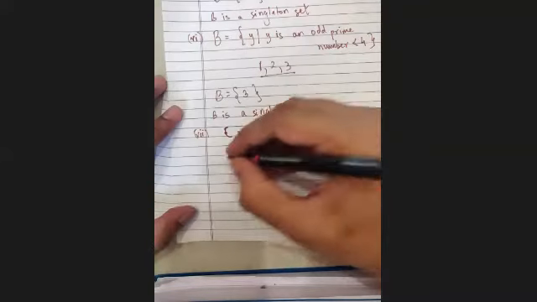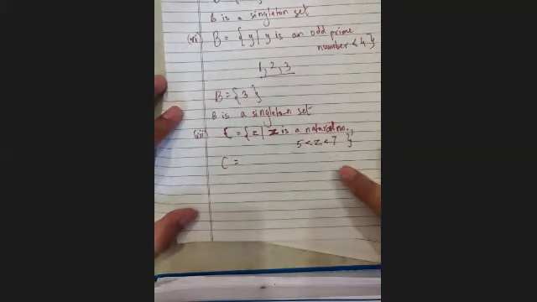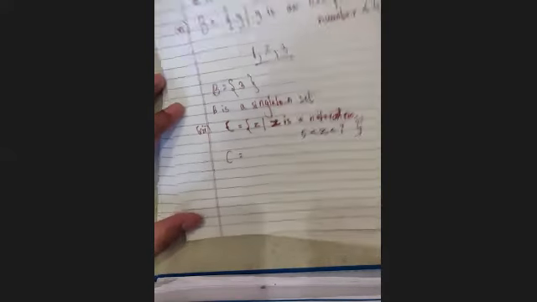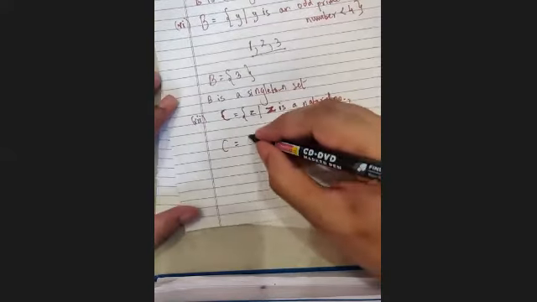So can you tell me inside C what all will come? Which natural number is greater than 5 and less than 7? 6.